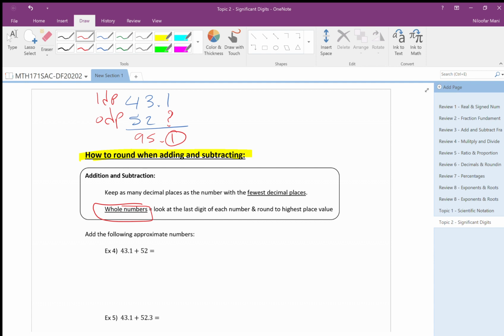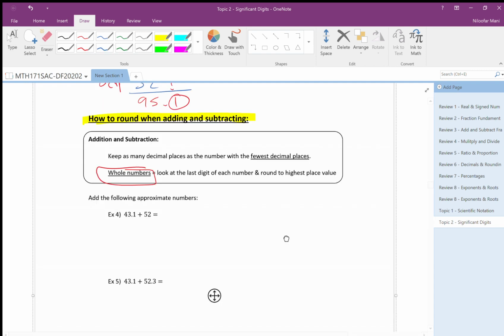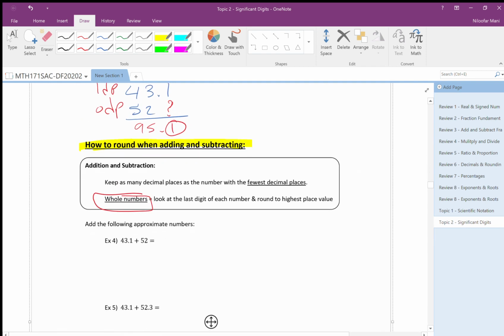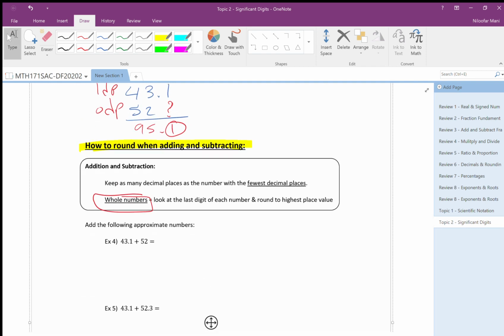I have to check that place value. I will show you what I mean here. Okay, so here, look at this.